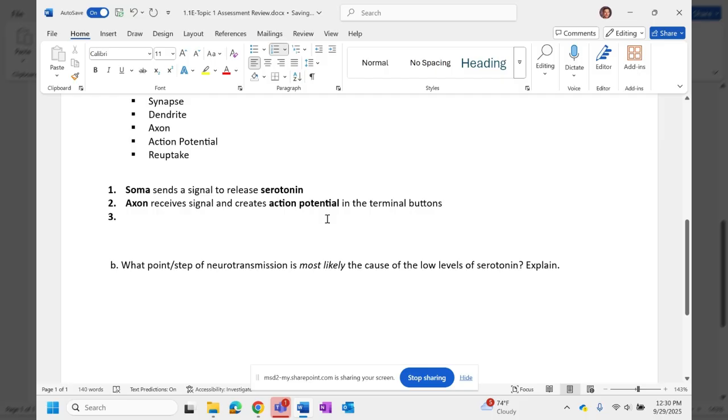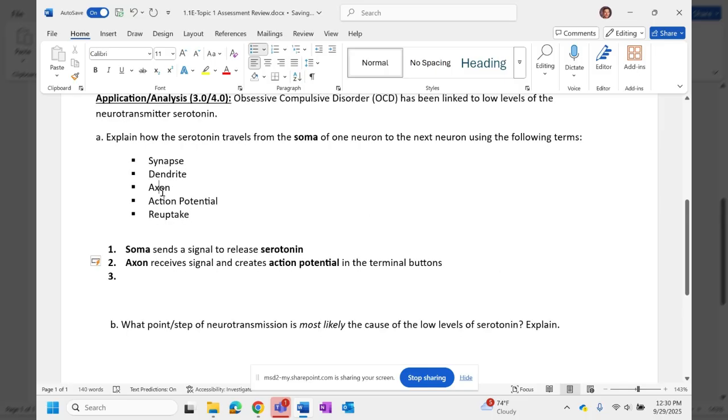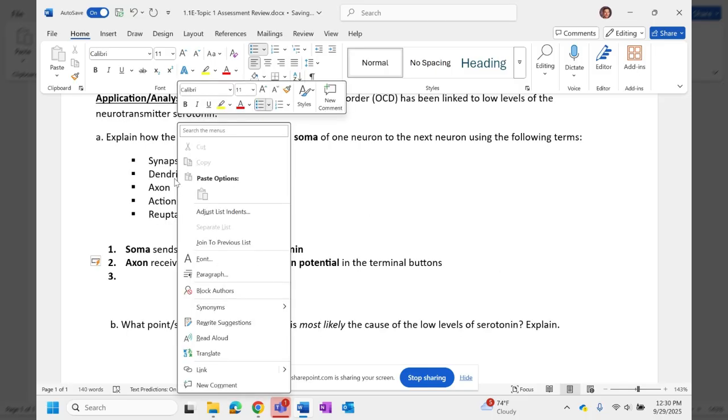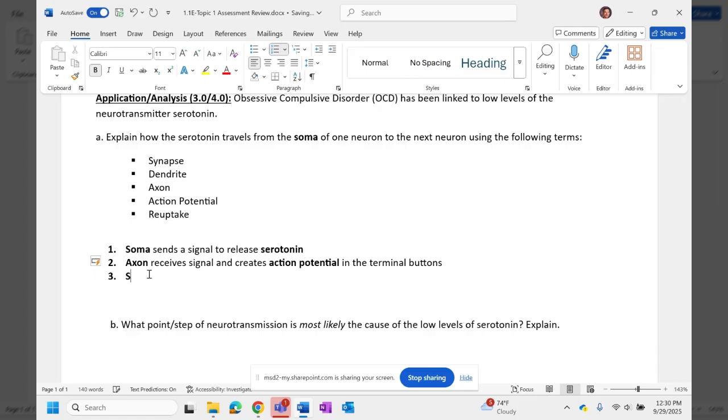So what did we use? We used action potential, we used axon, we used soma. Now we got to use synapse and reuptake. Serotonin is released from the synapse across the synaptic gap. I'm going to use dendrite, same one, and it binds with the dendrite of the next neuron. The dendrite is like Latin for little trees.